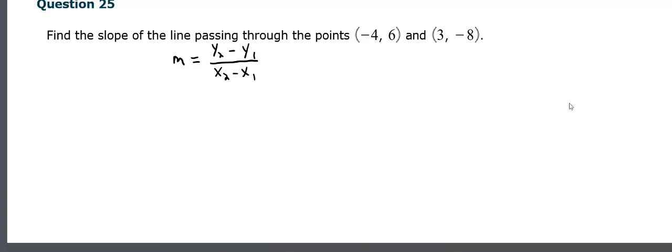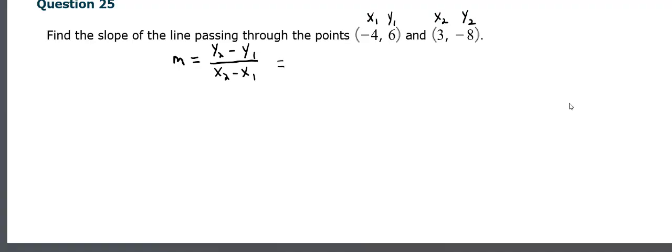So where do y sub 2, y sub 1, x sub 2, x sub 1 come from? Well, we have 2 points. The first x value would be x sub 1, and the first y value would be y sub 1. For the second point, our x would be x sub 2 and our y value would be y sub 2.